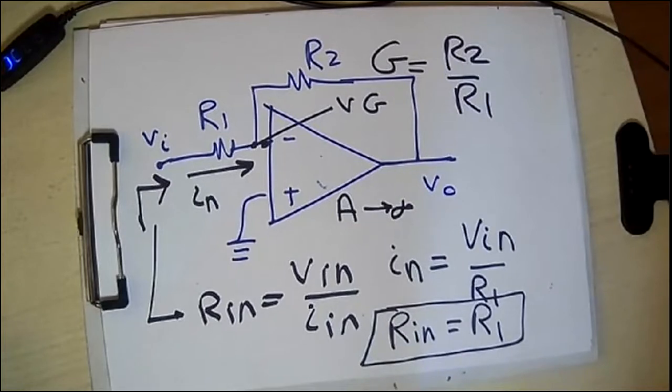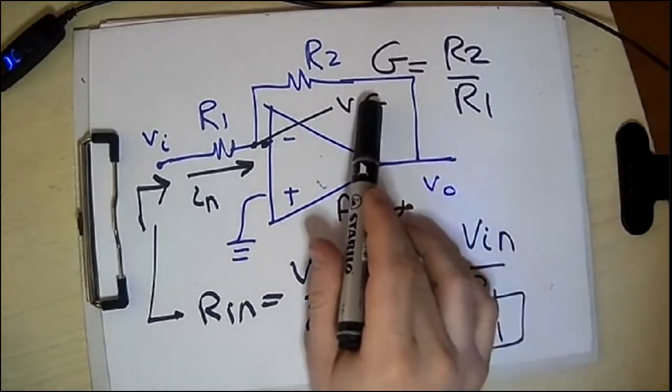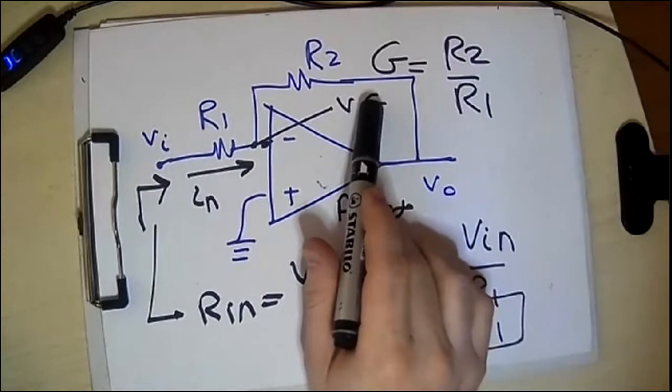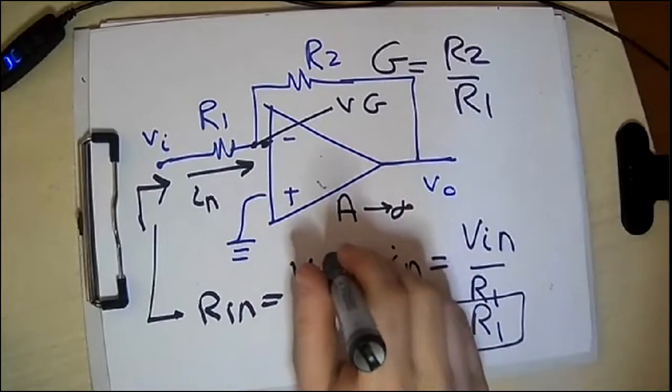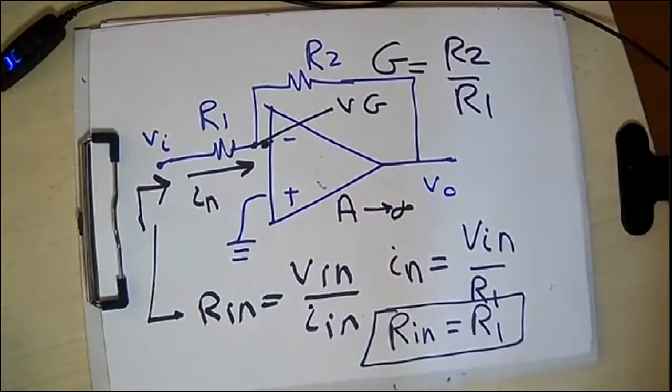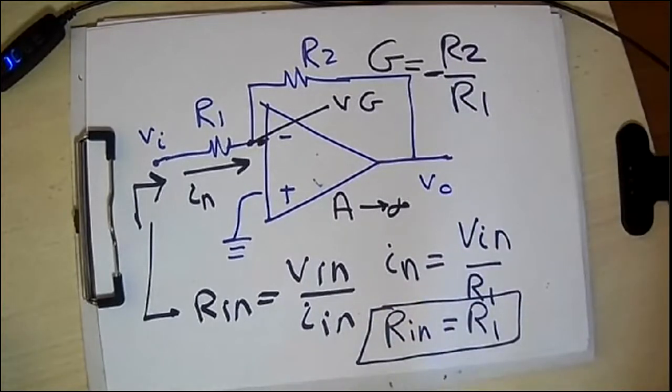But now this is not 100% true, because you have another restriction. You need to make R1 very large. So as R1 increases, the gain decreases. This may be one of the major disadvantages, of course, here there is a negative sign. So this is one of the main disadvantages of the inverting configuration, as you can see.